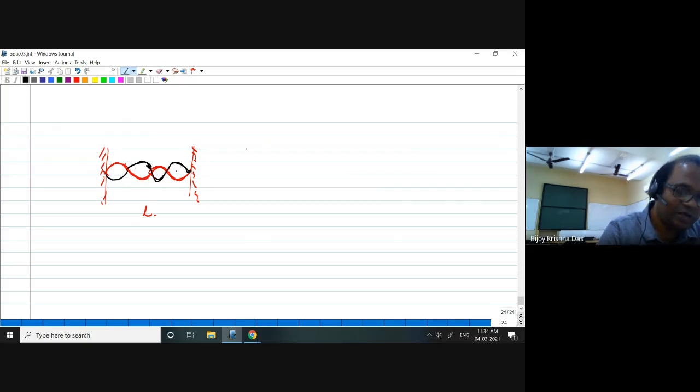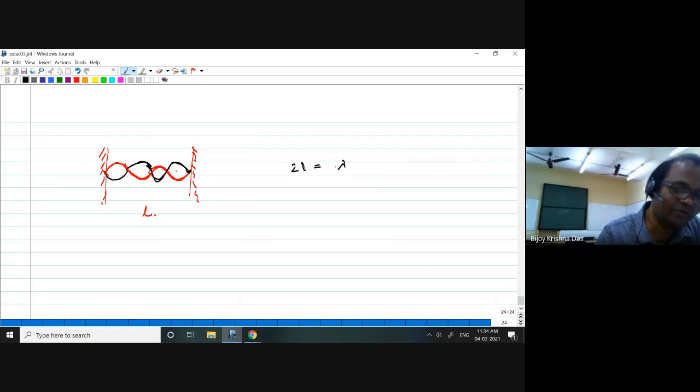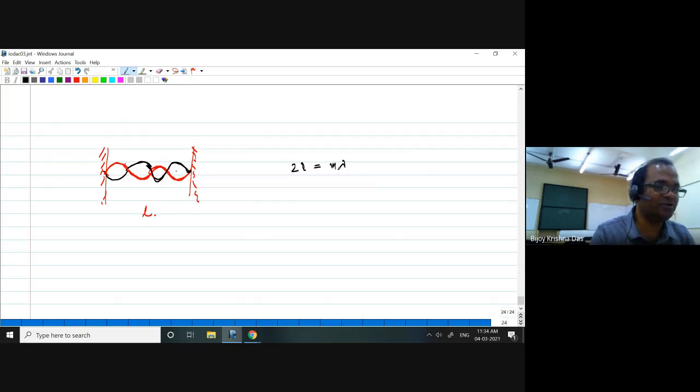So that means if this is length L, the standing wave will be created only if L equals an integer multiple of lambda. Sir, phase shift should be 2 pi. Let us consider that in the mirror there is no phase shift.